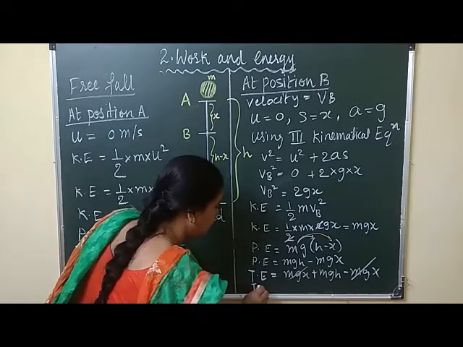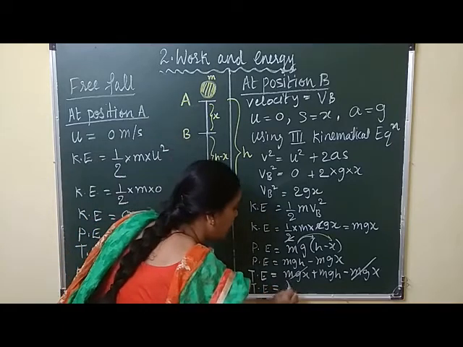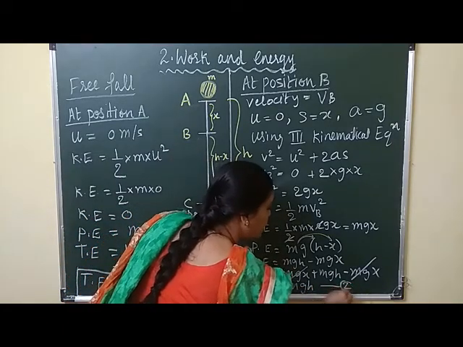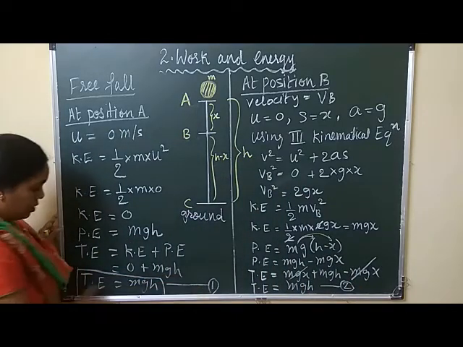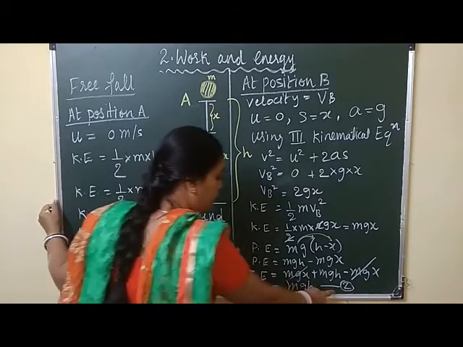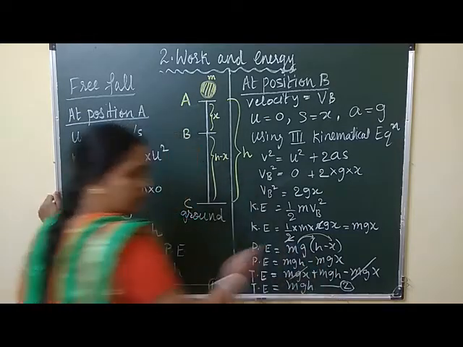So total energy here at position B is mgh. This is equation 2. The first equation, total energy is equal to mgh. Second equation also, we have got total energy is equal to mgh.